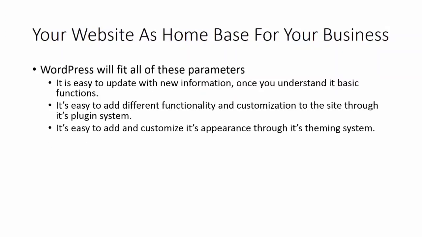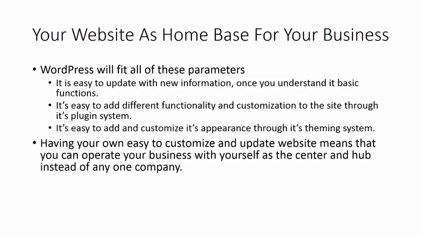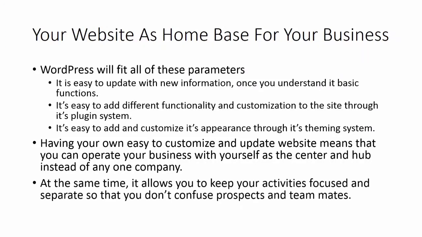And it's easy to add and customize its appearance through its theming system. Having your own easy to customize and update website means that you can operate your business with yourself as the center and hub instead of any one company you're involved in. At the same time, it allows you to keep your activities focused and separate so that you don't confuse prospects and teammates.